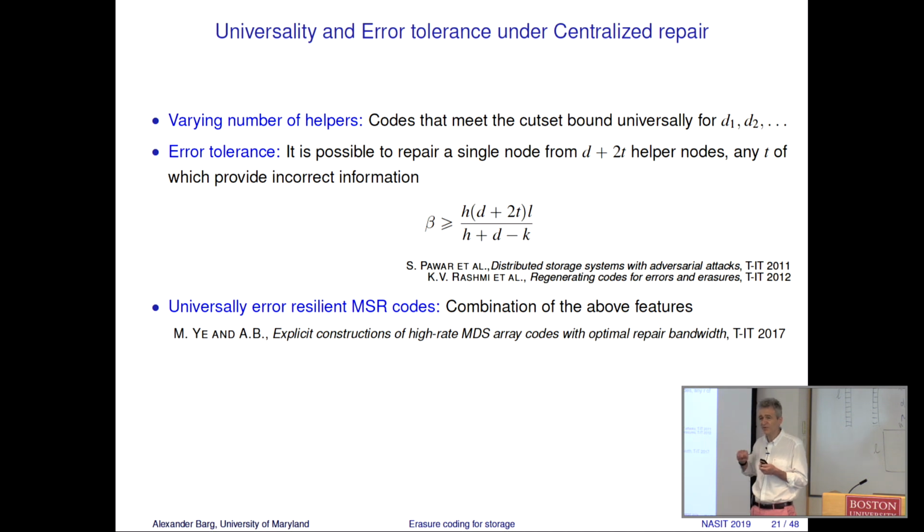And we still can perform the repair as long as there are not that many adversarial nodes. So all of these versions are in place once we have the basic question. Universally error resilient is a combination of all of the above: the varying number of helper nodes, the varying number of erased nodes, error tolerance. In this work with Min, we looked at all of those situations, and constructions are available as discussed.